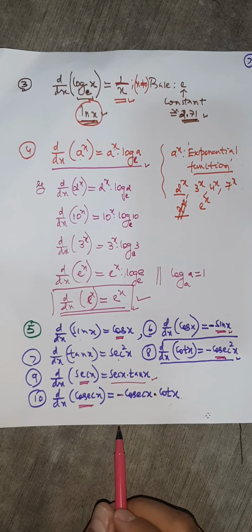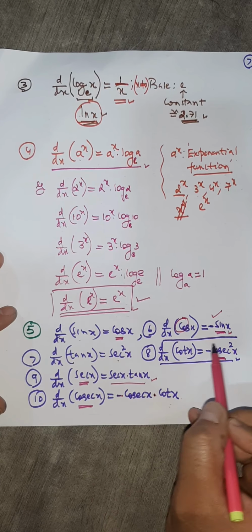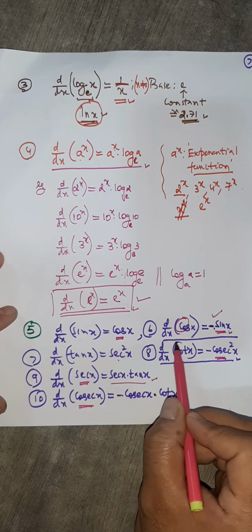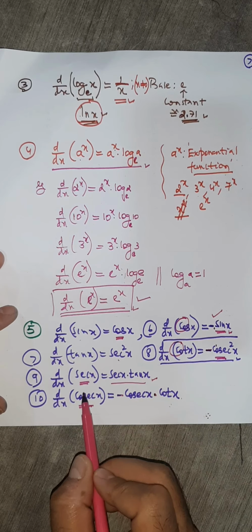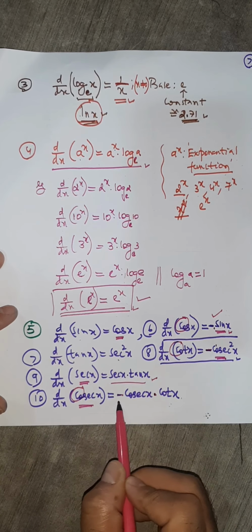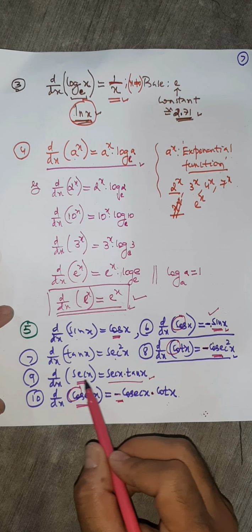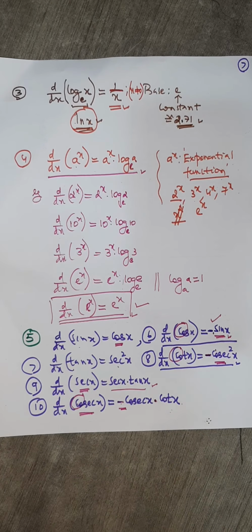If you are confused, notice that whenever you have c, you have a minus sign in the answer. The derivative of cos is not sine, it's minus sine. The derivative of cot is not just cosec, it's minus cosec square. And the derivative of cosec is minus cosec into cot. So whenever you have c in the function, you have a minus sign in the derivative. So these are the 10 standard functions right now we have.